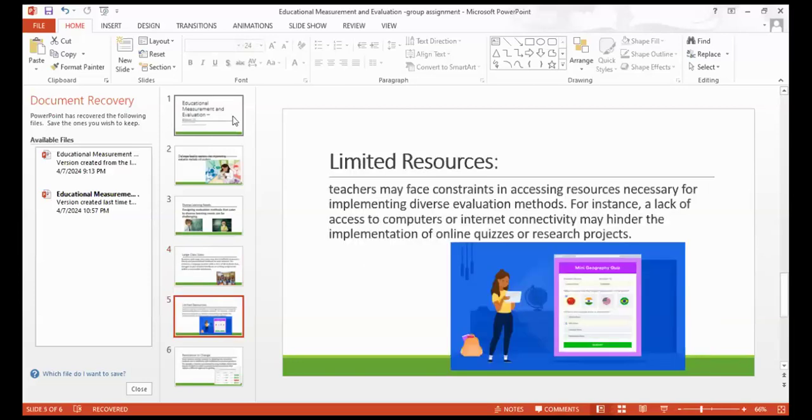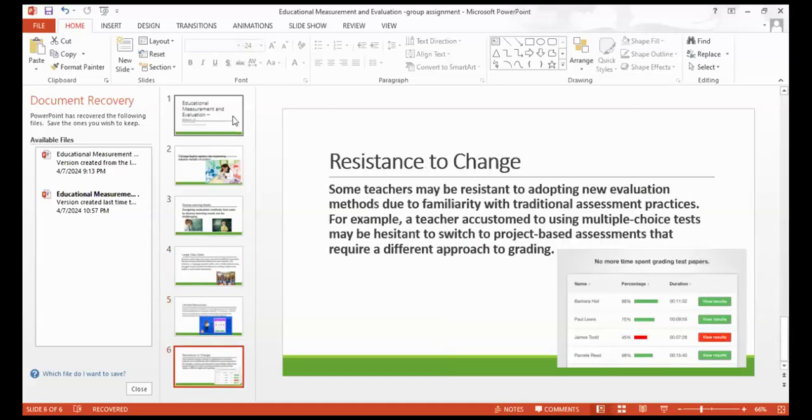Next one, limited resources. Teachers may face constraints in accessing resources necessary for implementing diverse evaluation methods. Just think, a teacher in a rural school with limited access to technology may find it challenging to incorporate online assessment or multimedia projects. As the last one, resistance to change. That means unwillingness to adapt to new circumstances or ways of doing things.